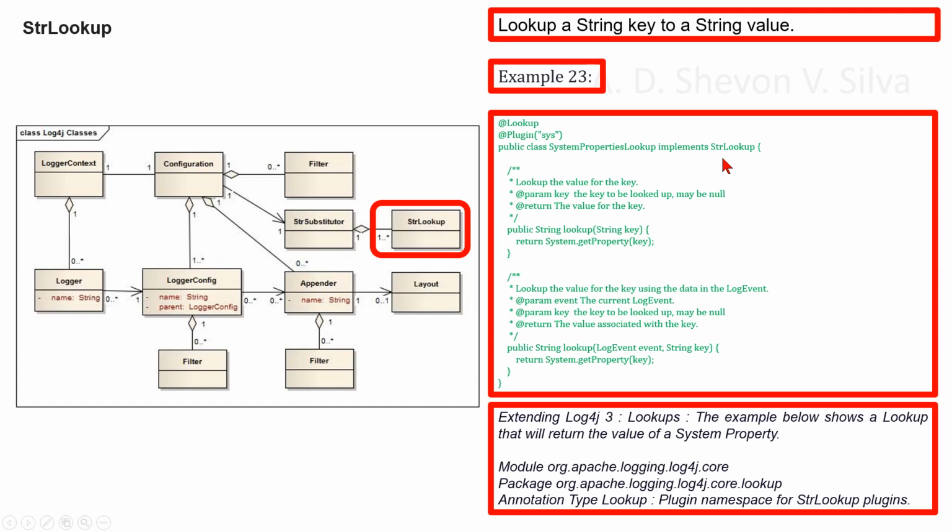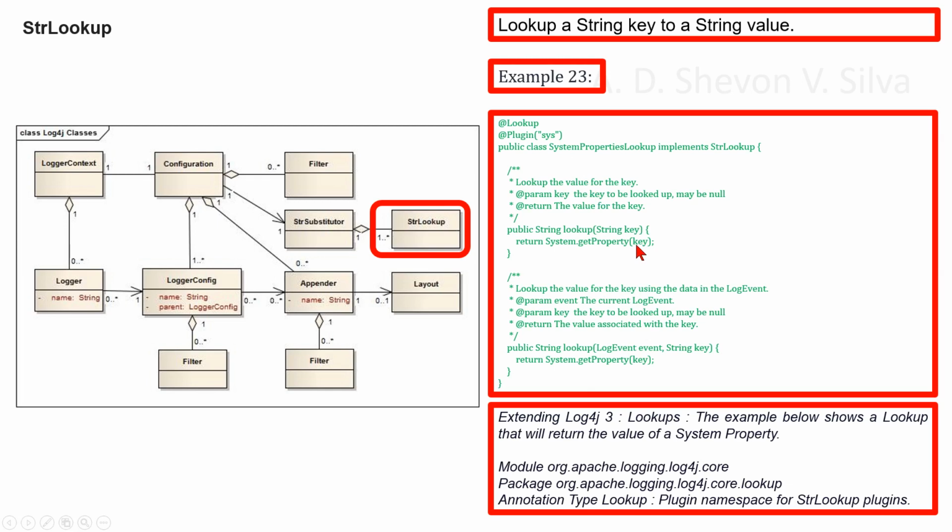The lookup must be declared using the @Plugin and @Lookup annotations. The value specified in the @Plugin annotation will be used to match the prefix. This example here shows the lookup that will return the value of a system property.